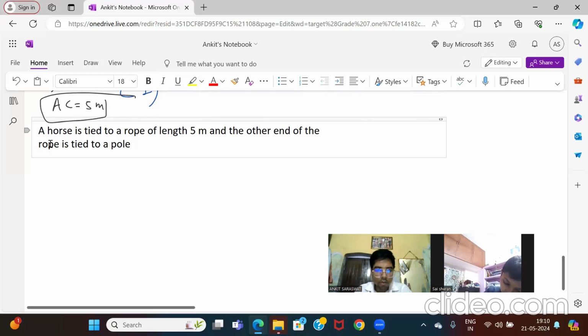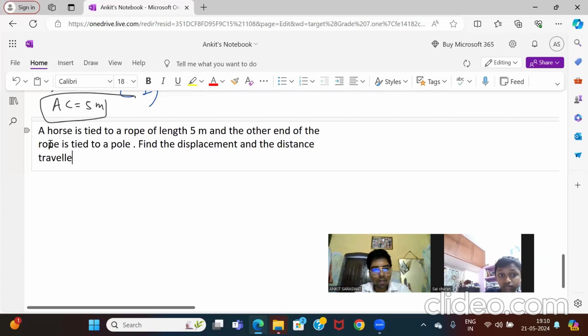Find the displacement and the distance traveled by the horse in the following cases.